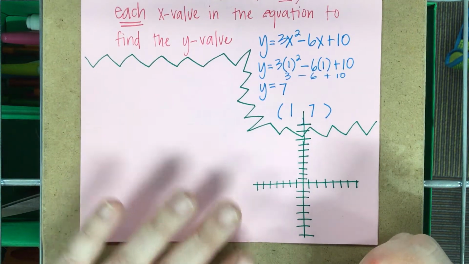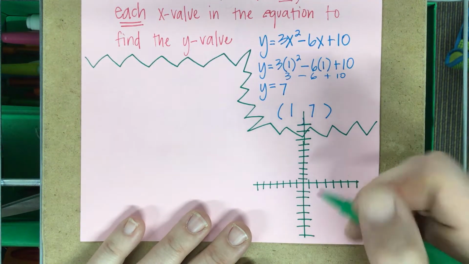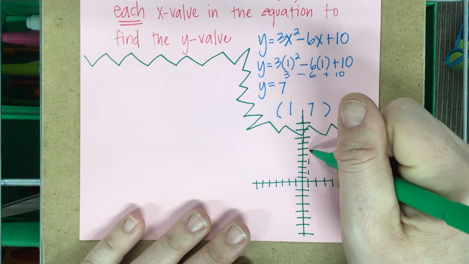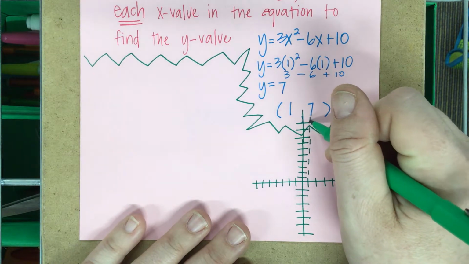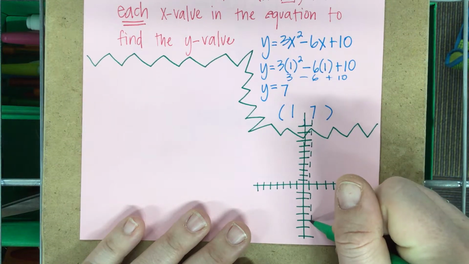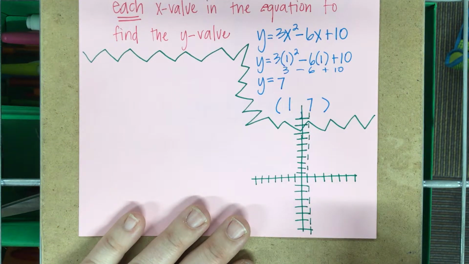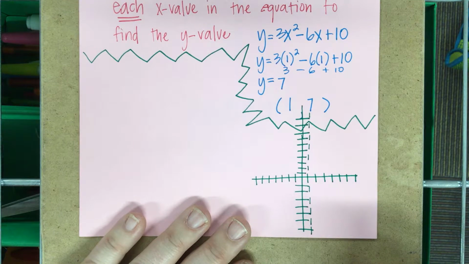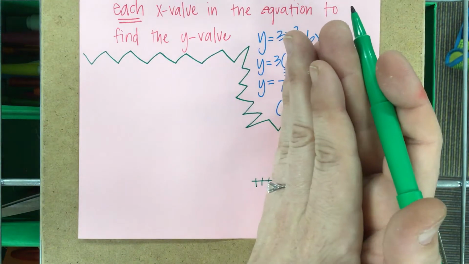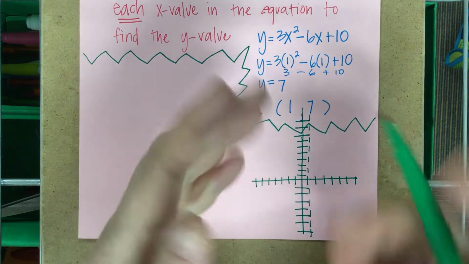My axis of symmetry was at 1, correct? Is that true? My axis is where I'm going to fold. So I'm not folding right in the middle. I'm folding right here.